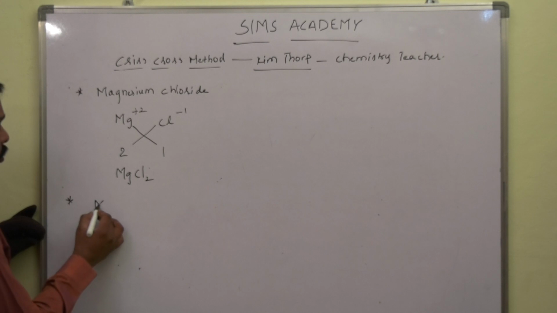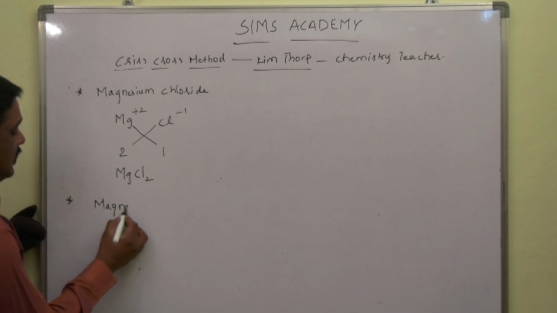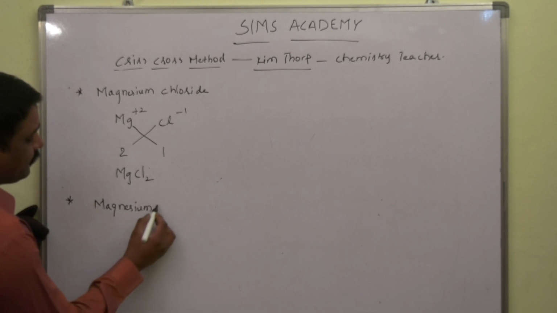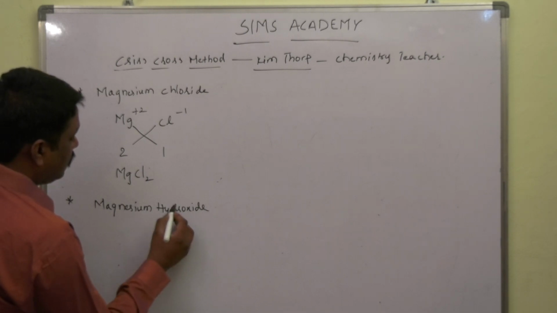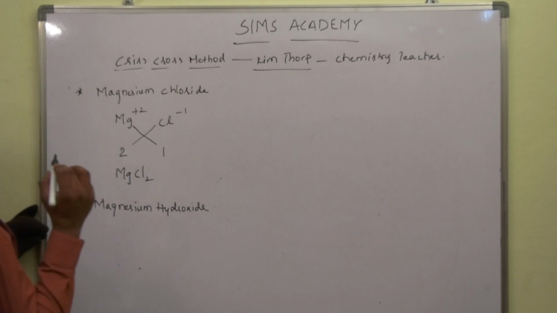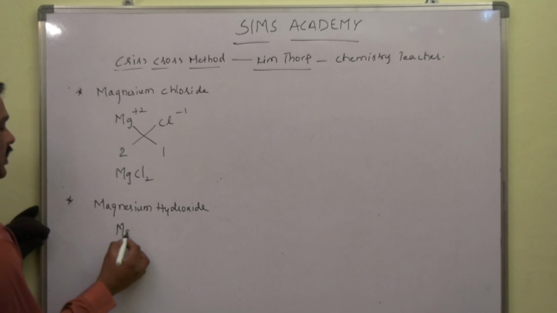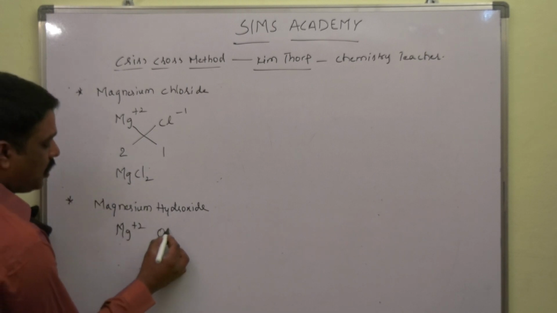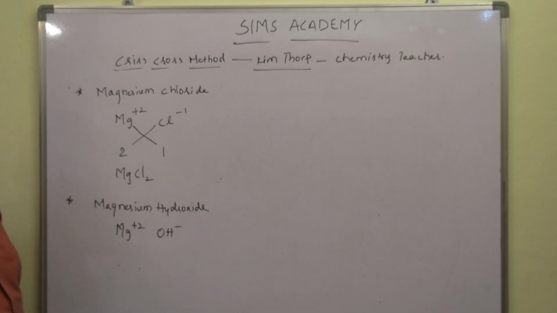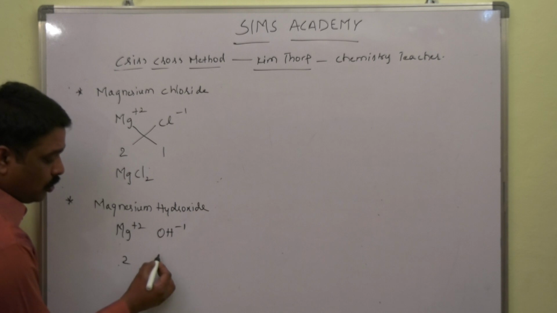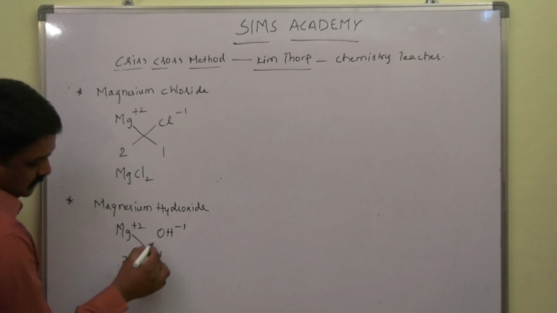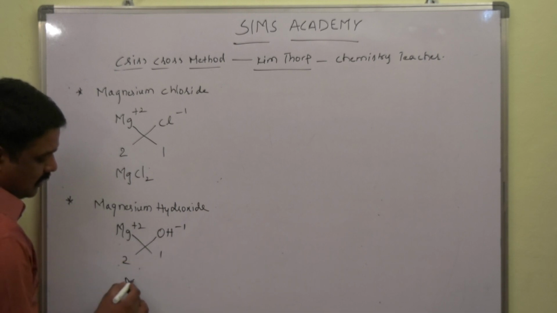Next we shall move on to magnesium hydroxide. Magnesium is Mg plus 2, hydroxide is OH minus, minus means minus 1. 2, 1, Criss Cross.